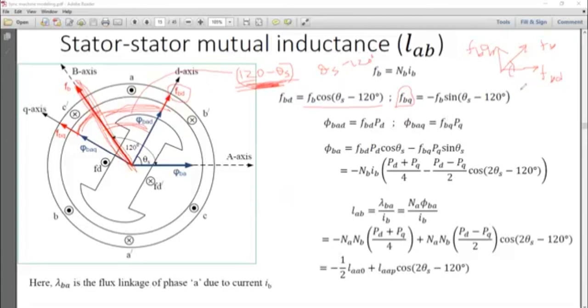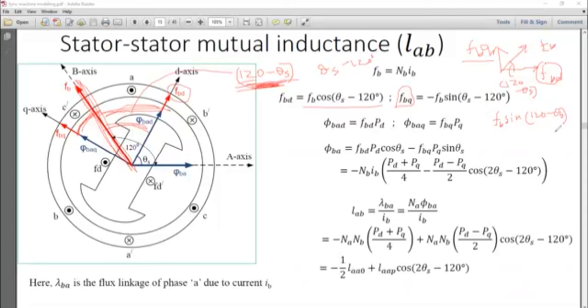For our case the actual angle is 120 minus theta. Agreed, Rahid? Yes. So if FBD is FB cosine of 120 minus theta, FBQ should be FB sine of 120 minus theta, right? Understood?